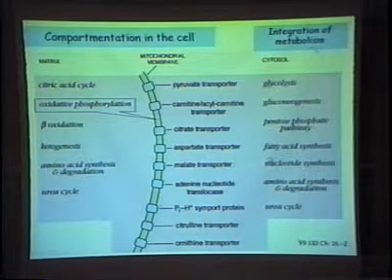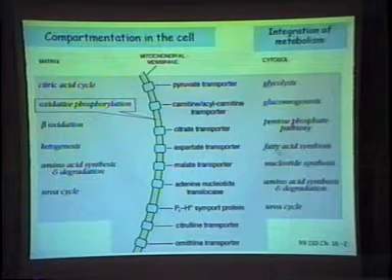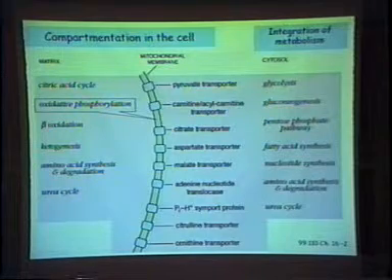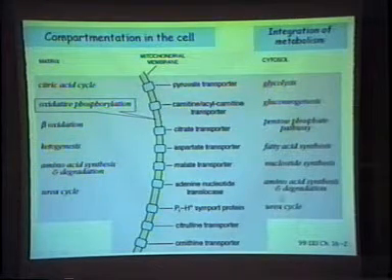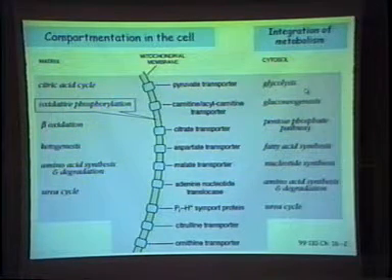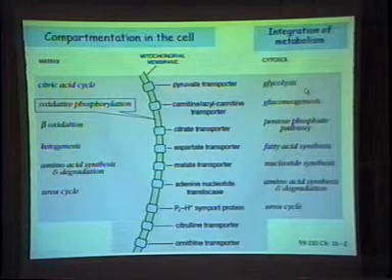And then in the cytoplasm, you have pathways that are synthetic. So you have gluconeogenesis, fatty acid synthesis, nucleotide synthesis, some more of the amino acid synthesis, and parts of the urea cycle. Glycolysis, of course, is involved in breaking things down. That's such an ancient pathway that it was in the cytoplasm before cells were eukaryotes.